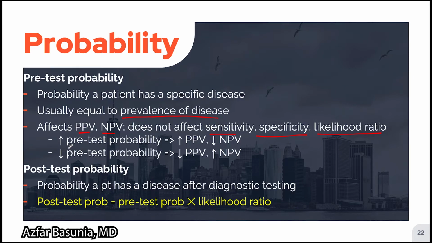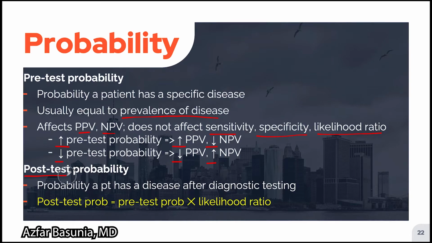The pretest probability is directly proportional to the positive predictive value and inversely proportional to the negative predictive value. Thus, if the pretest probability goes up, the positive predictive value goes up and the negative predictive value goes down.